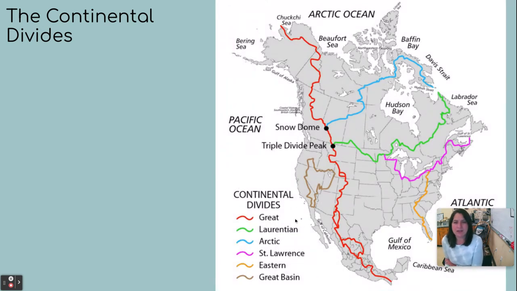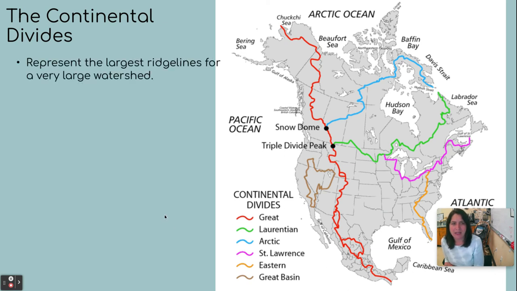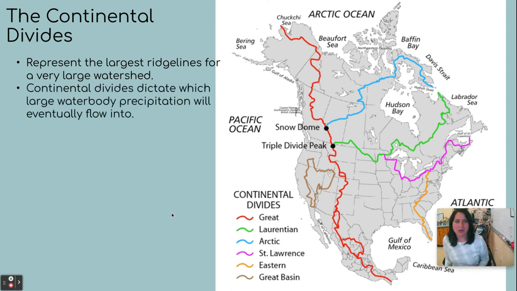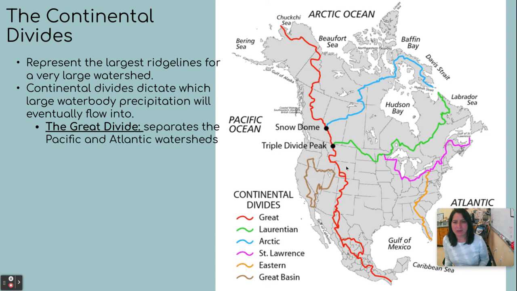All right, so when we look at the big picture, there are several continental divides in North America. This is the largest ridgeline for a very large watershed. So we're talking kind of huge areas here. The continental divide dictates which large water body precipitation will eventually flow into. And if you've ever done a road trip over in this area, you can actually drive across the Great Divide.